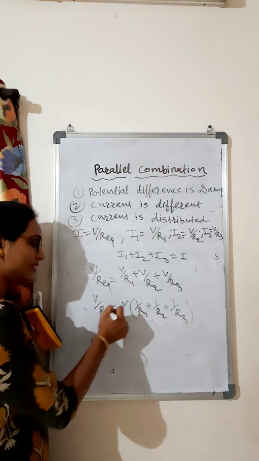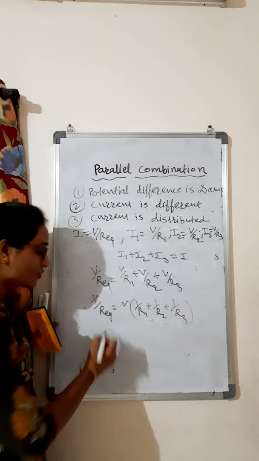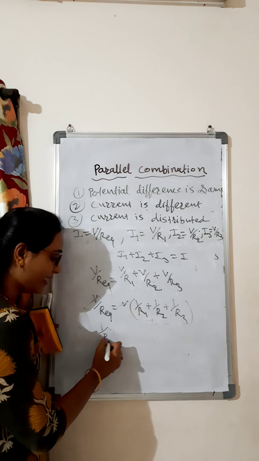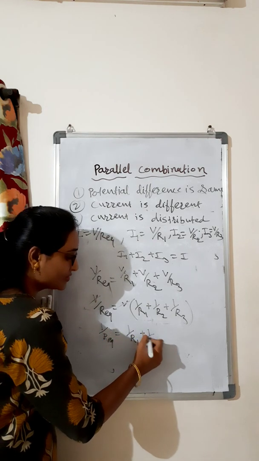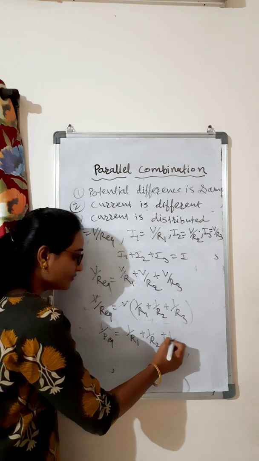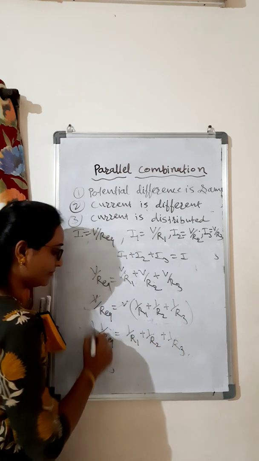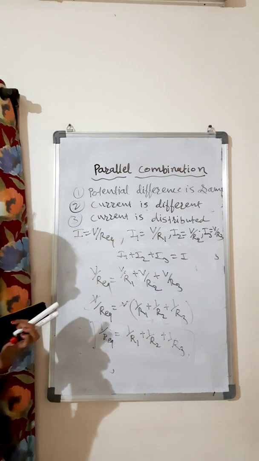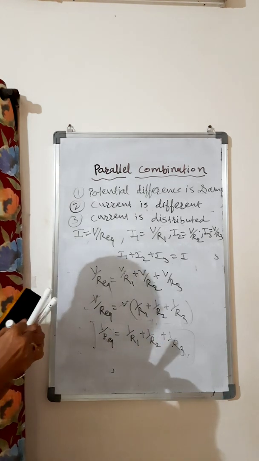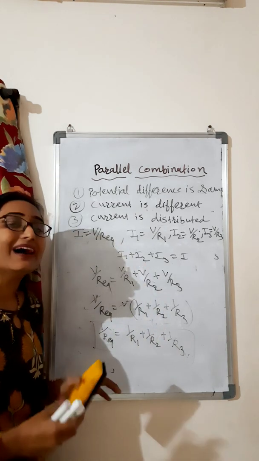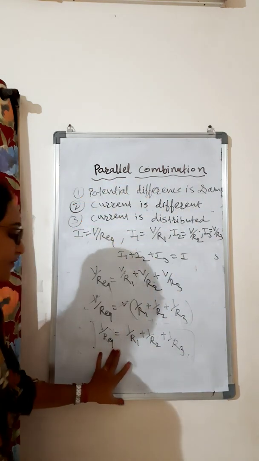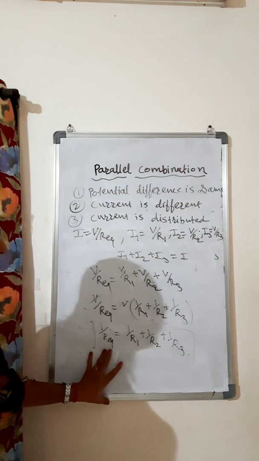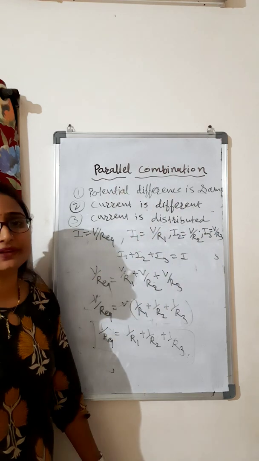Now this V and this V get cancelled. So 1 by R equivalent is equal to 1 by R1 plus 1 by R2 plus 1 by R3. This is the formula to calculate R equivalent in parallel combination.